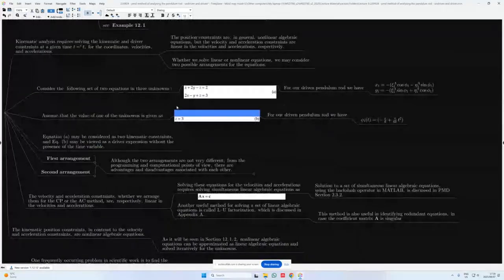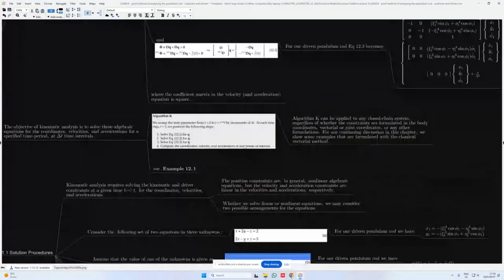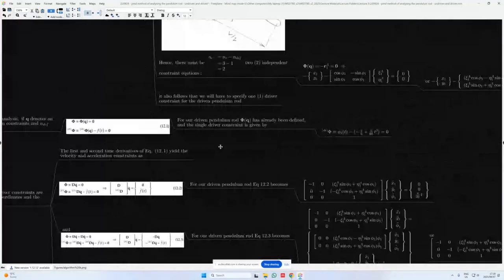Now, if we assume that the value of one of the unknowns is given, in the case of equation A, we can assume that z is equal to 3. For our driven pendulum rod, this will then change to phi1 as a function of time is equal to this function that we have over here. And this matches up with what we saw, I think it was in this part over here. So phi1 as a function of time is essentially given.